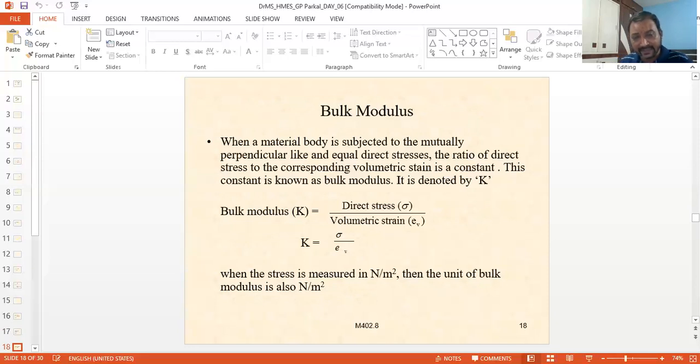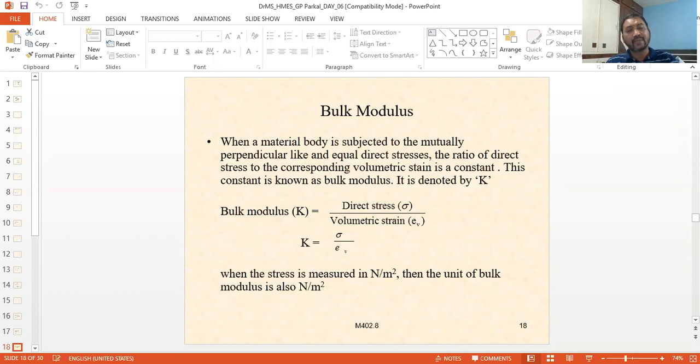Some may be tensile and some compressive. If a tensile force is applied along the length, it will try to increase the length, whereas it will decrease the thickness and width.